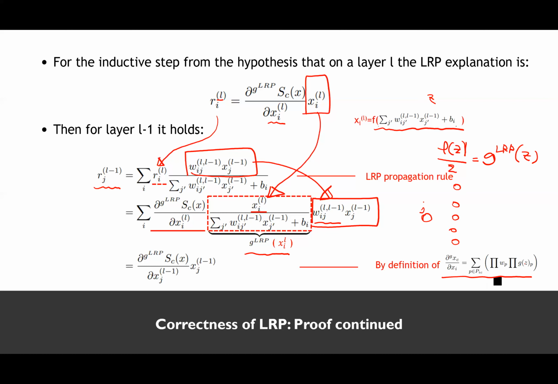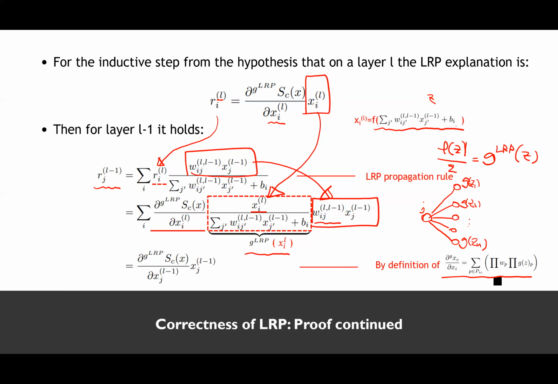As you see here, we can make a multiplication of all the possible g, and we also have the partial derivative in here for individual i.